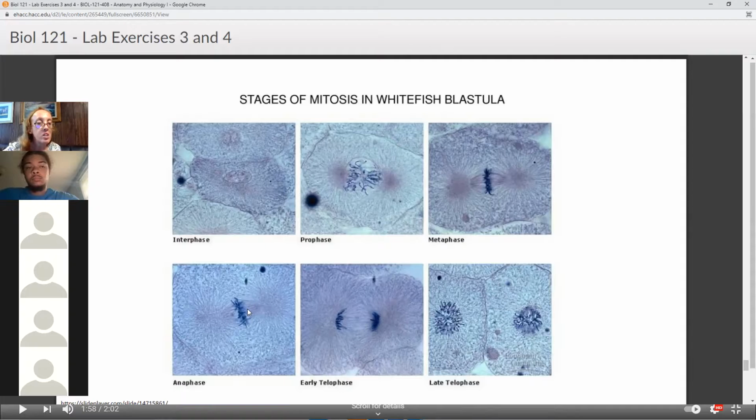In anaphase, they're starting to separate. That's probably not the best depiction of it, but they're starting to separate and move towards opposite sides. Telophase, now they're definitely separating, and you can see that they're really moving in opposite directions.